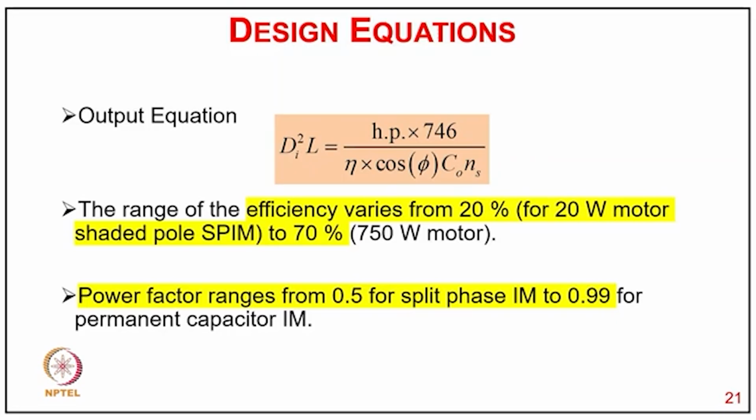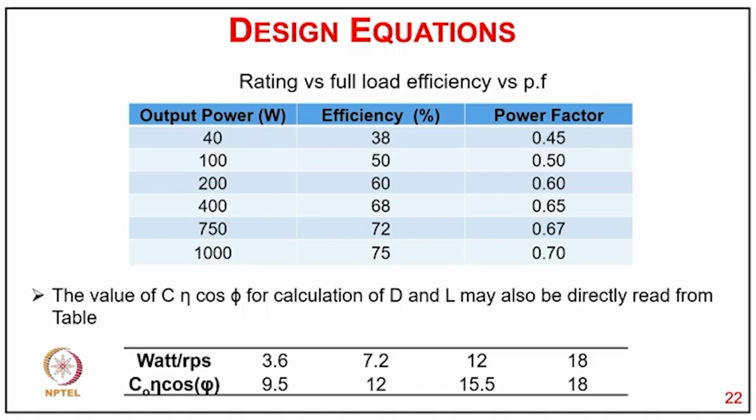The efficiency varies from 20% for a 20 watt motor to 70% for a 750 watt motor, and power factor ranges from 0.54 for split phase to 0.99 for permanent capacitor induction motor. Now you can see the rating versus full load efficiency versus power factor.